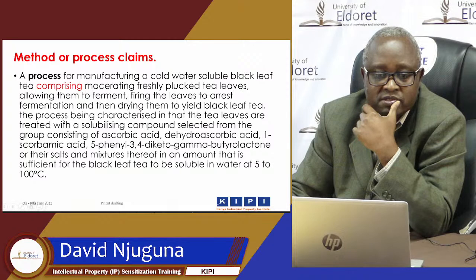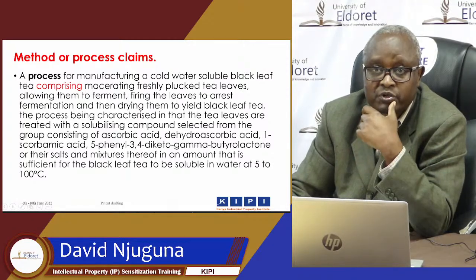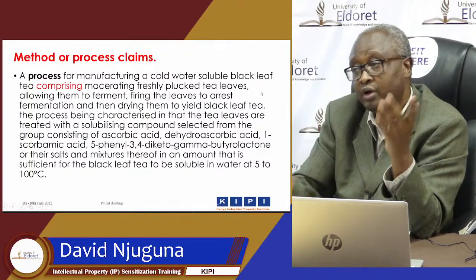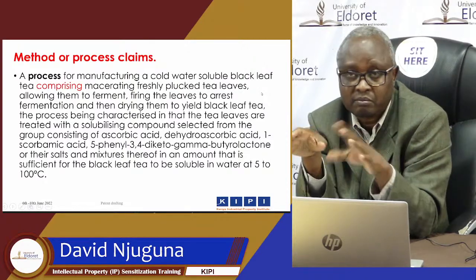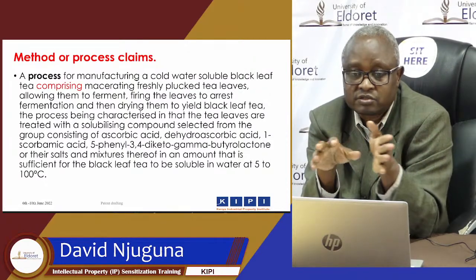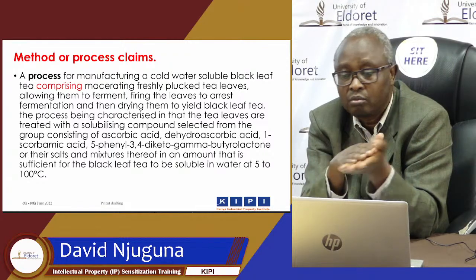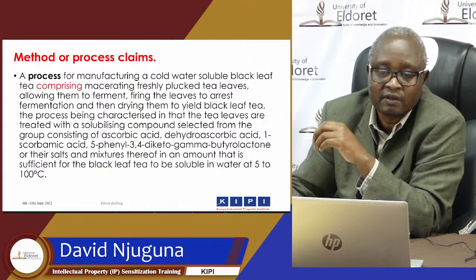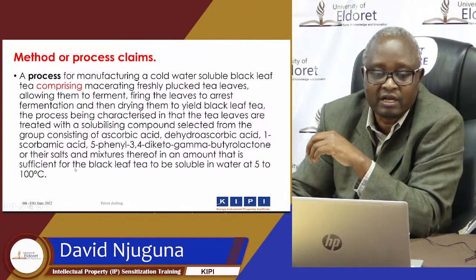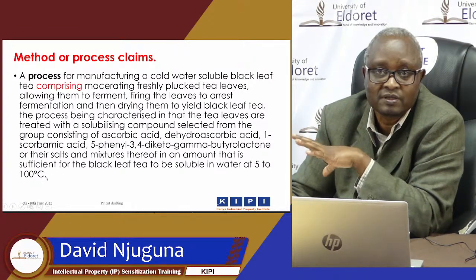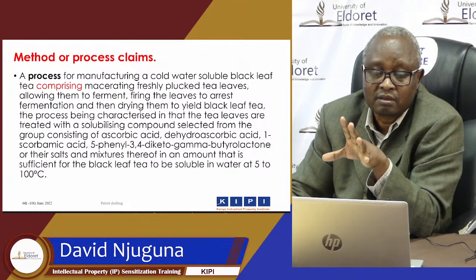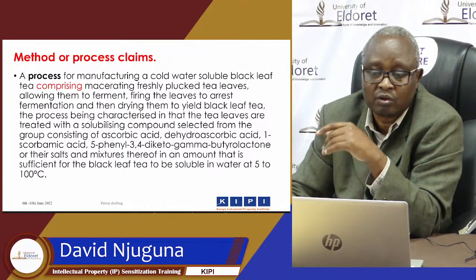Method or process claims, this is a process, but it's a bit long. You can do it as a sentence with the commas, or you can decide to separate them so that it's very clear. Each step is on its own, or can be done as a whole complete sentence. So long as it's one sentence, starting from here and ending where you have the full stop, that's one claim that is complete.